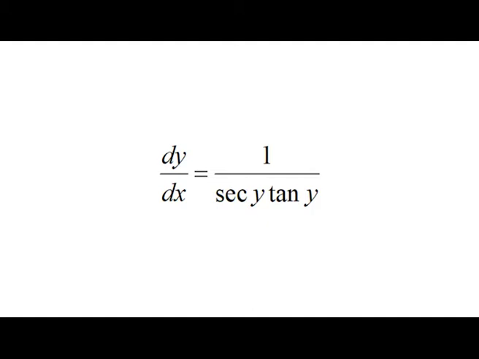Since mod x is greater than 1, we have y equal to sec inverse of x lies in open 0 pi by 2 union open pi by 2 pi, and hence sec y into tan y not equal to 0. Thus, the above equation gives dy by dx equals 1 by sec y into tan y.